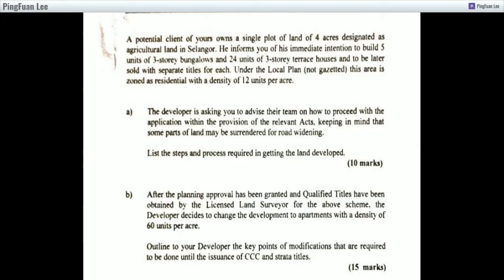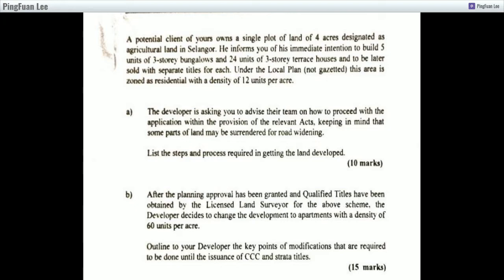I have not forgotten. There are a few cases for Pindaan KM. They use Section 204, 204B. Just one step of application. Yeah, 204B lah.